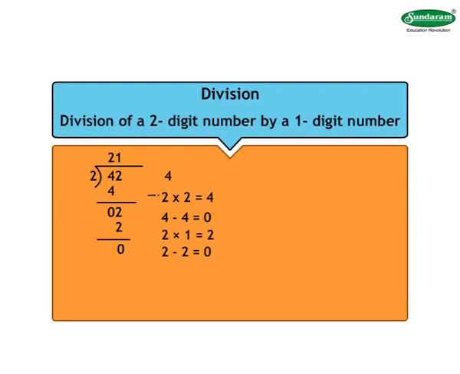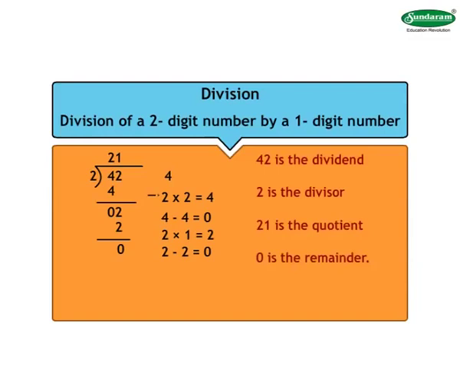The answer obtained above the line after dividing 42 by 2, that is 21, is the quotient. Thus, 42 is the dividend, 2 is the divisor, 21 is the quotient, 0 is the remainder. Thus, answer is 42 divided by 2 is equal to 21.